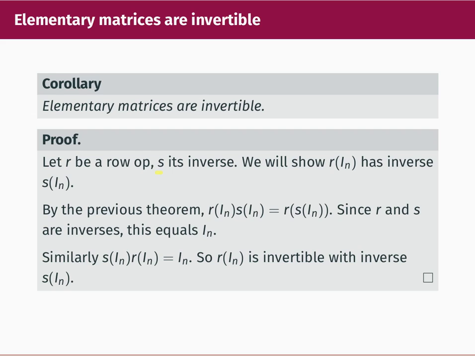We need to show that the elementary matrix R of IN is invertible, and the way that we're going to do that is by showing that its inverse is S of IN. So we have to show that R of IN times S of IN and S of IN times R of IN is equal to the identity.